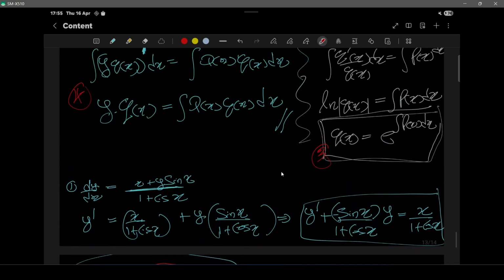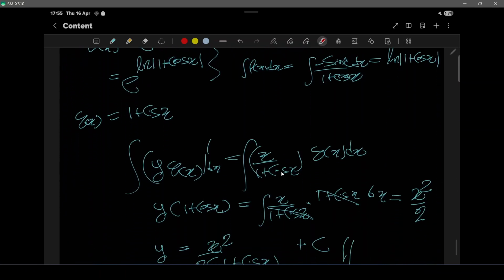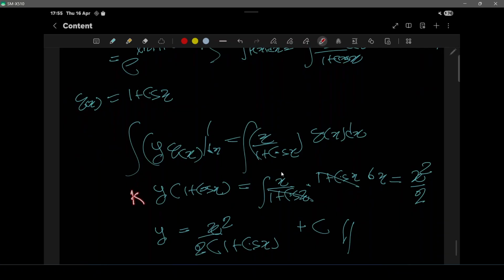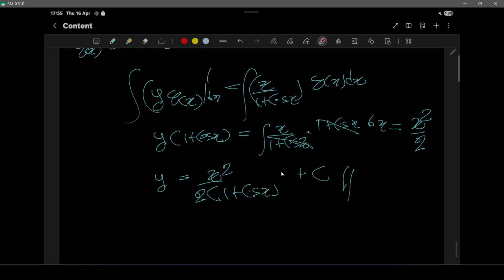So what is happening is just that a constant came here. In the integration you can take the constant out, so no harm to our answer. So we can put the constant at the last.